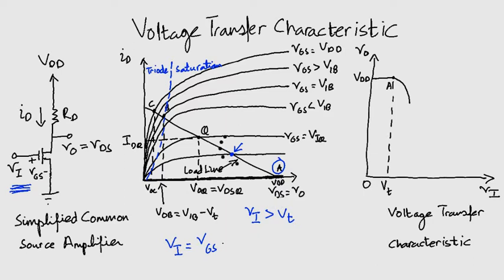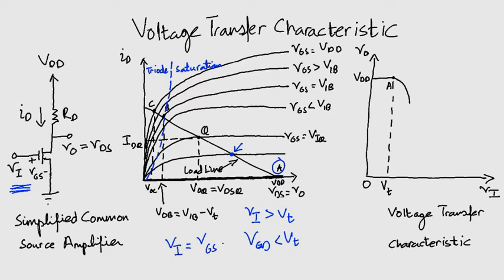Since V0 will initially be high, the transistor will be operating in the saturation region. Remember the condition for saturation? VGD should be lesser than Vt. This means when the drain voltage is much higher than the gate voltage, we will be in saturation.